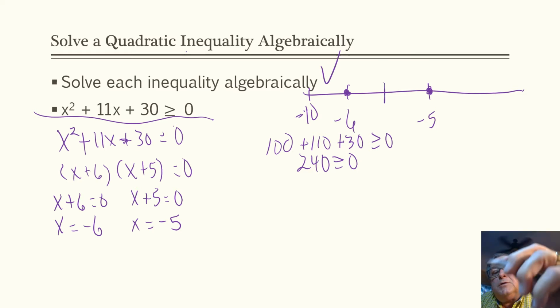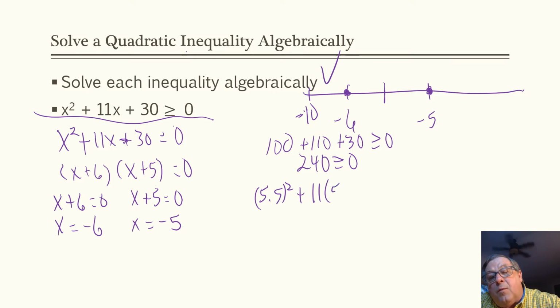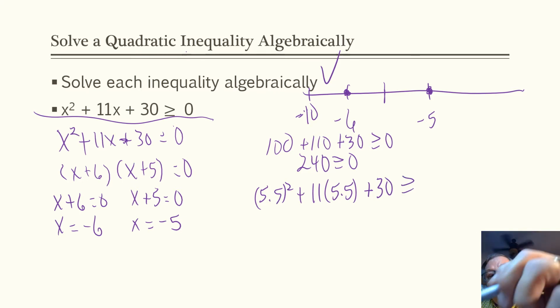Well, might as well choose, I guess, -5.5. So I got -5.5 squared plus 11 times -5.5 plus 30. Is this going to be greater than or equal to 0? About to mess up again, -5.5.